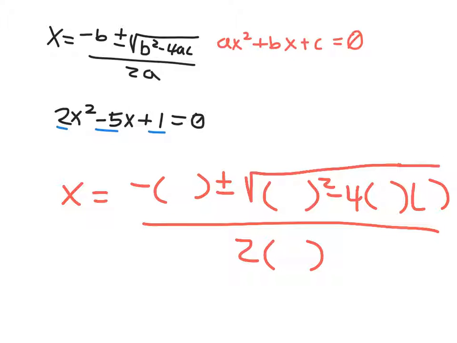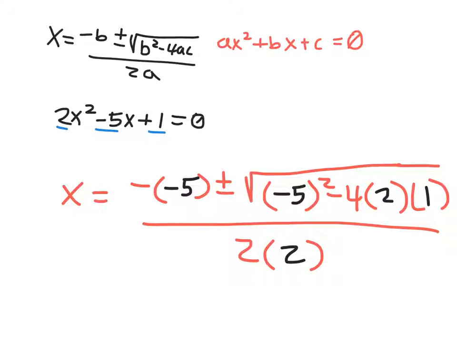All right, so we're going to put our A and B where they belong. So we'll start with A. So 2 belongs here and here. B, we have negative 5 right here, and negative 5 right here, and then we've got C, which goes right here.